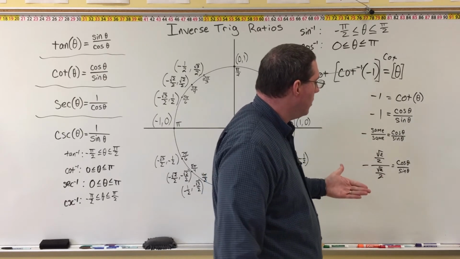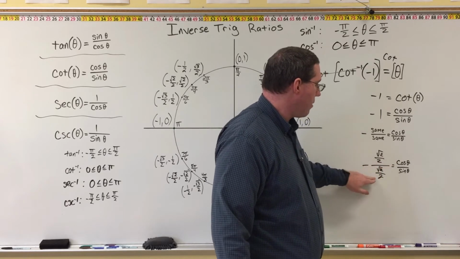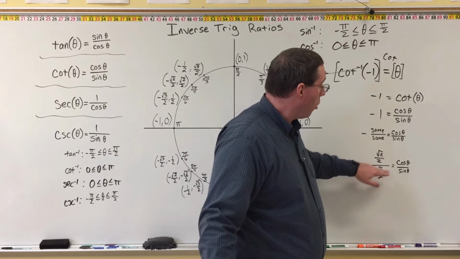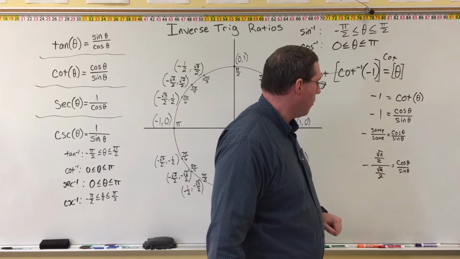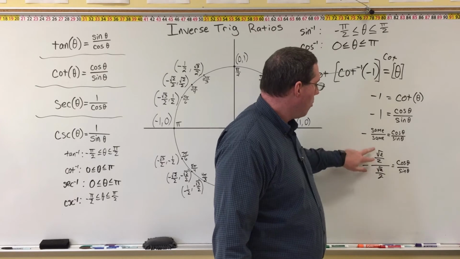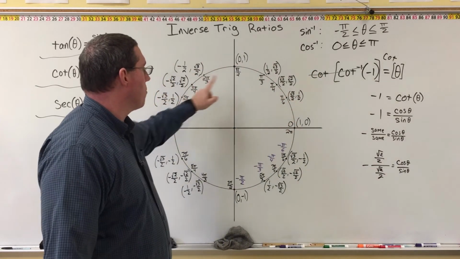So we're either dealing with cosine of negative square root of 2 over 2 and sine of positive square root of 2 over 2, or cosine of positive square root of 2 over 2 and sine of negative square root of 2 over 2. Well, the one I just said, where cosine is positive and sine is negative, is not on the interval from 0 to pi.